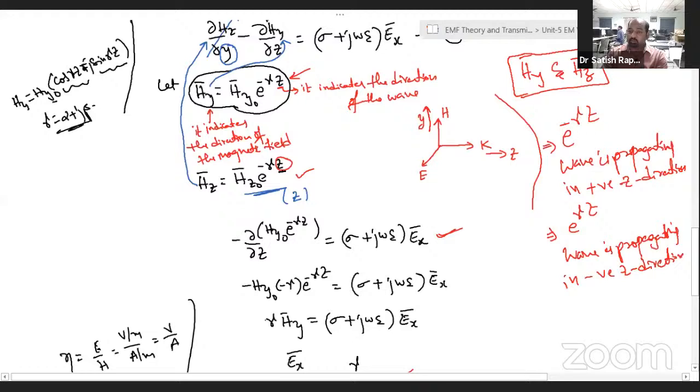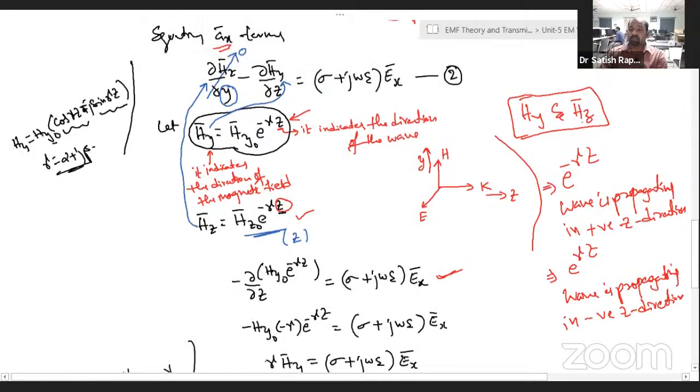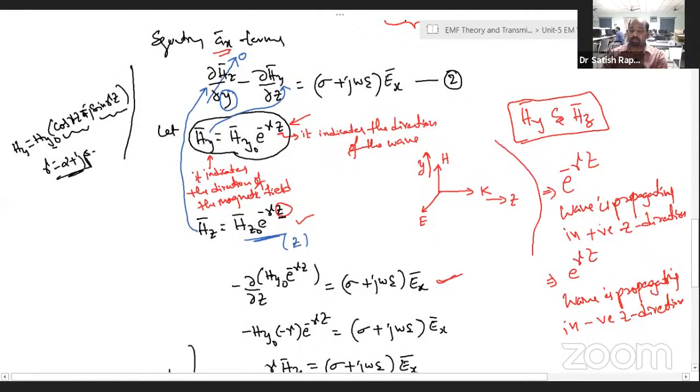The minus sign means the wave is propagating in the positive z direction, and the plus sign means the wave is propagating in the negative z direction. Therefore, I'm assuming that the wave is propagating in the positive z direction, so that is the reason for the minus sign in e power minus gamma z.